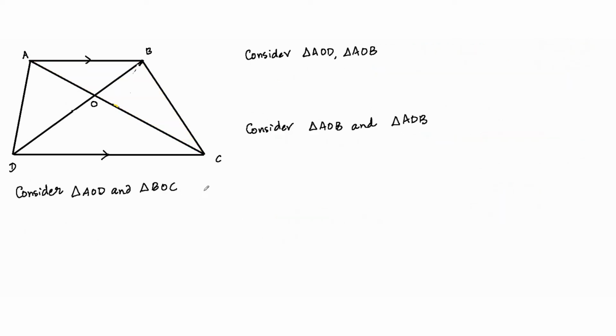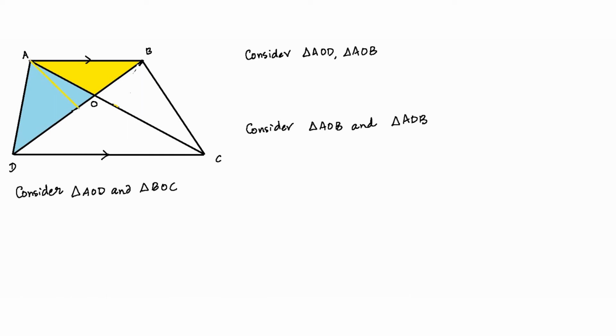Okay, so let us now consider some more pair of triangles. The first pair that I want to consider in the diagram now is triangle AOD and AOB. So let us shade them. Triangle AOD is this triangle, the blue colored triangle, whereas triangle AOB is the yellow colored triangle. Now these two triangles, if you notice, have the same altitude, right?